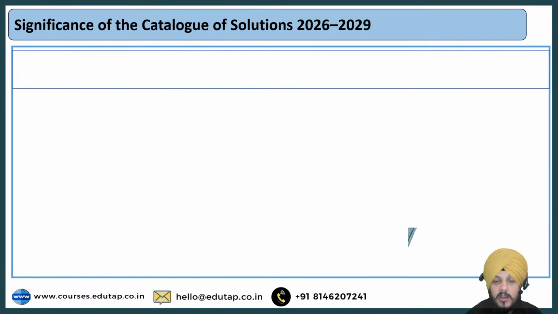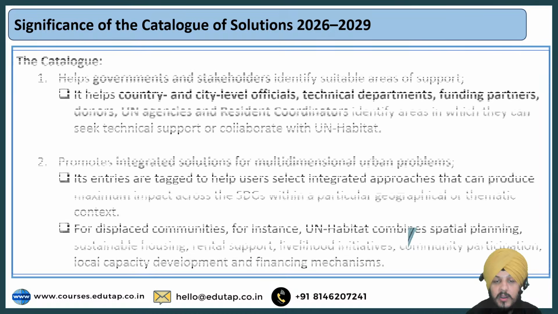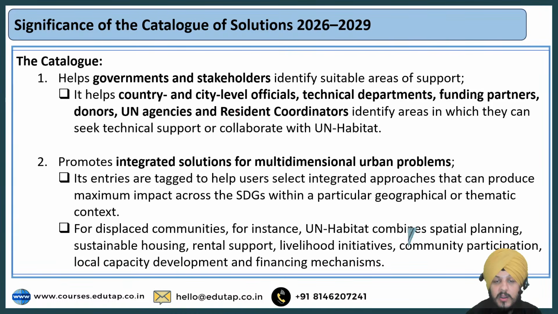Now let us see the different points that we can write as a part of the significance. The first point is that this catalog helps government and stakeholders identify suitable areas of support. What do I mean by suitable areas of support? Basically, it helps country and city level officials, technical departments, funding partners and donors to identify areas in which they can seek technical support to collaborate with UN Habitat.